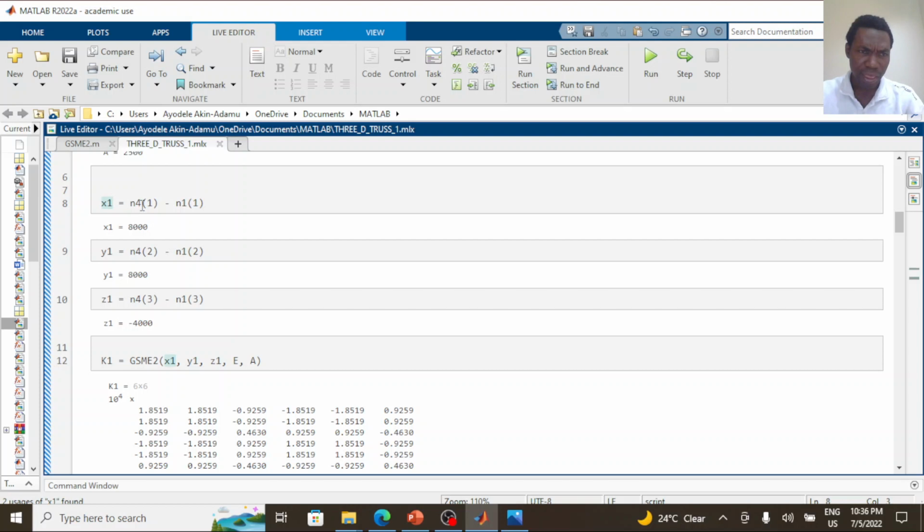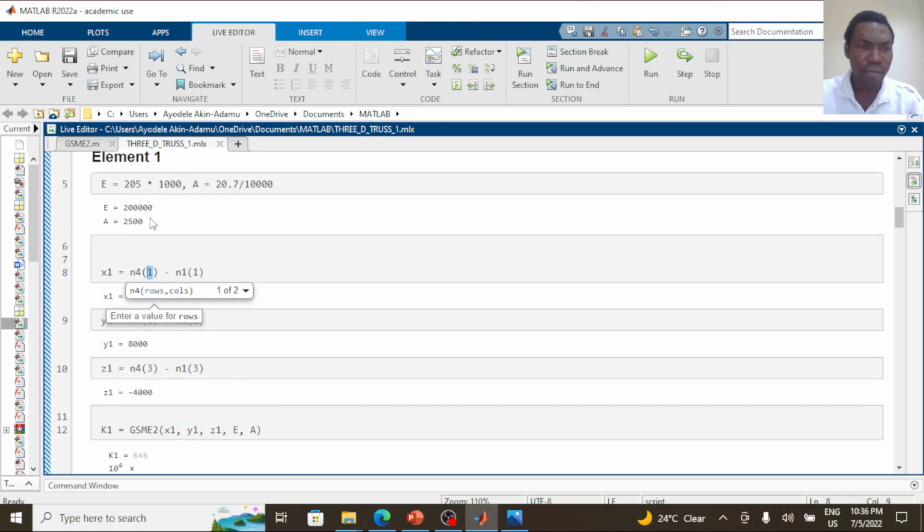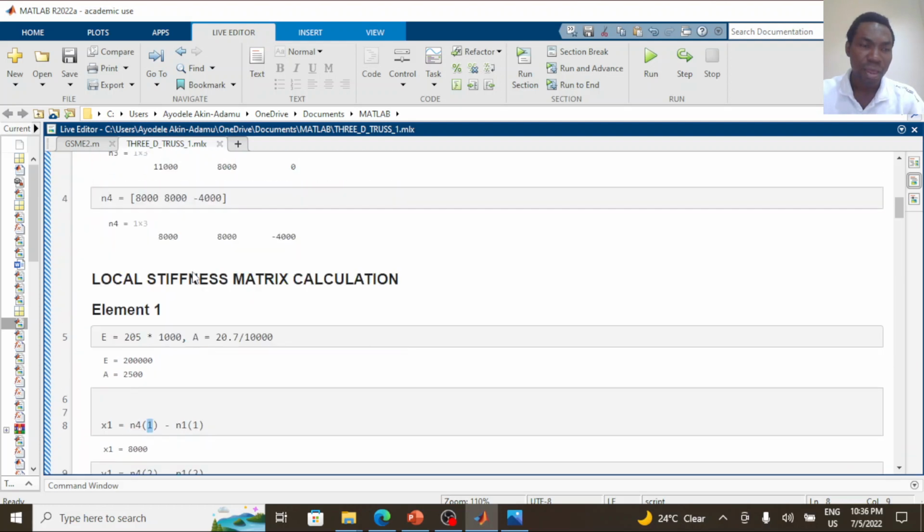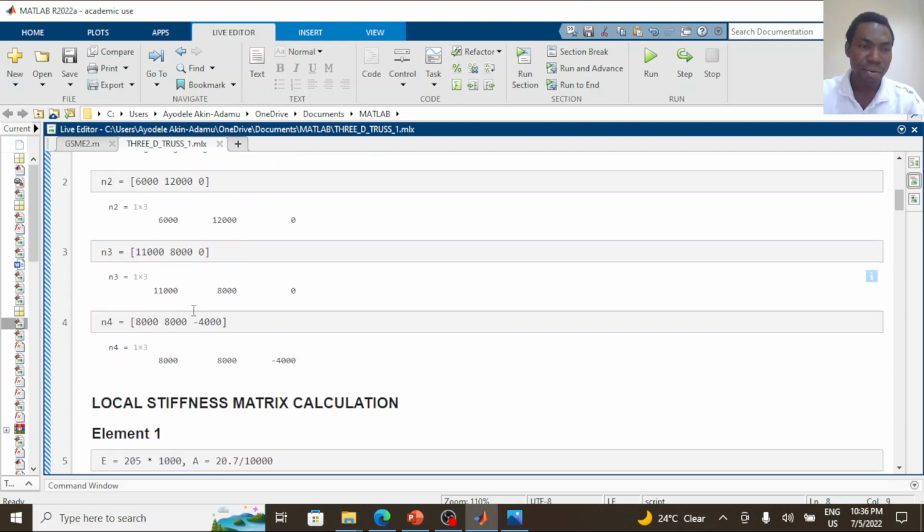For s1 I say n4, as I call the first element in the n4 vector, and I subtracted n1 from n4 in the first position. n4 is my coordinate for node 4.